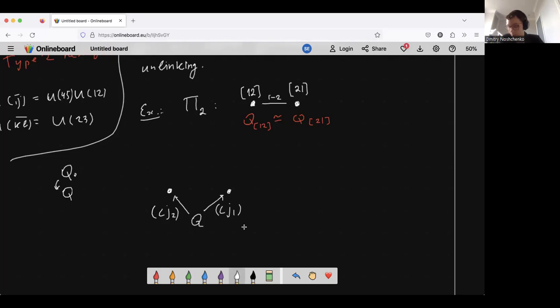Yeah, and this is step 1, and step 2, now we apply exactly the same unlink as in the hexagon. So now we unlink J1, J2 here, iota J1. And you see, since we have a permutation here, first apply J2 and J1.